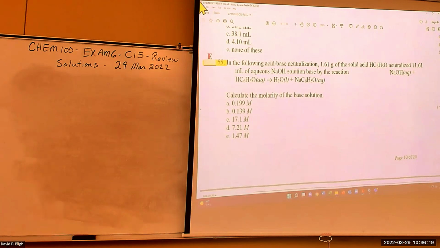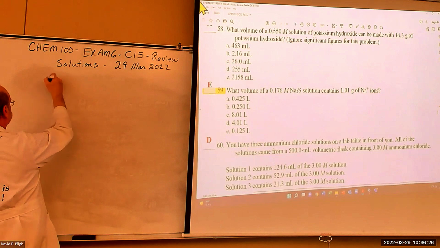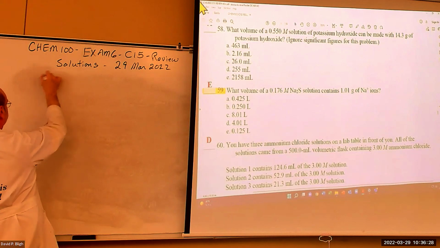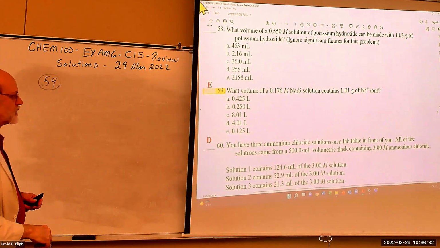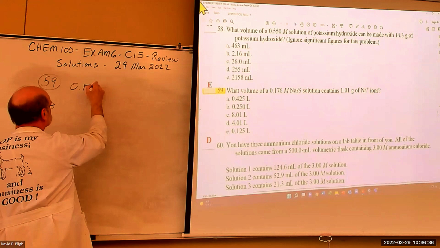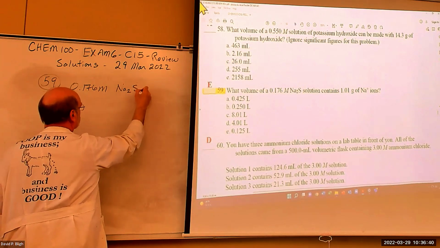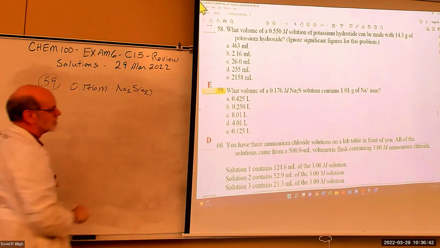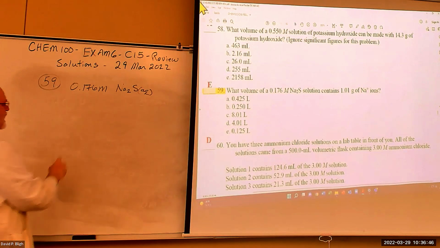That's 55. Let's see. 59. What volume of 0.176 molar sodium sulfate solution contains 1.01 grams of sodium ions?